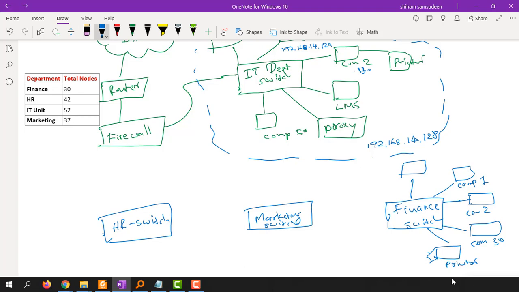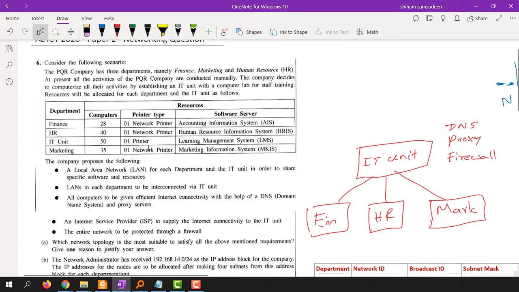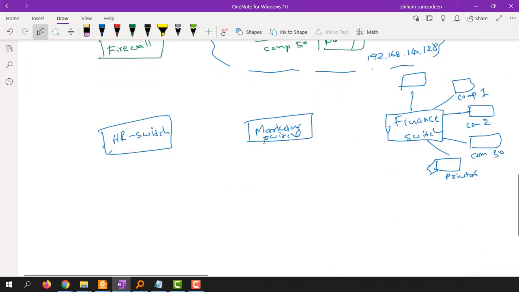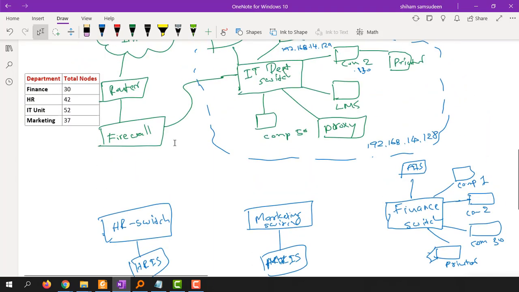So you can have that system here. Finance system is called AIS, HRIS, MKIS. Okay, so this is AIS. Marketing has an HRIS. Sorry, HR has an HRIS, and marketing has MKIS, right? Let's have a look at what else we have.